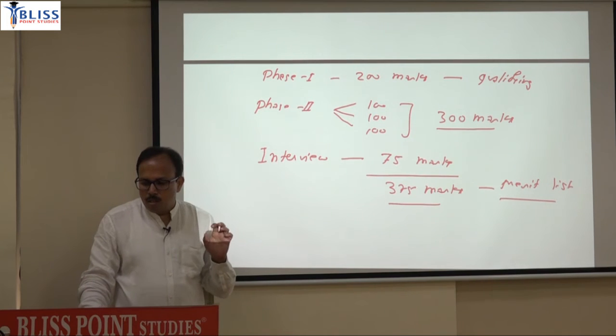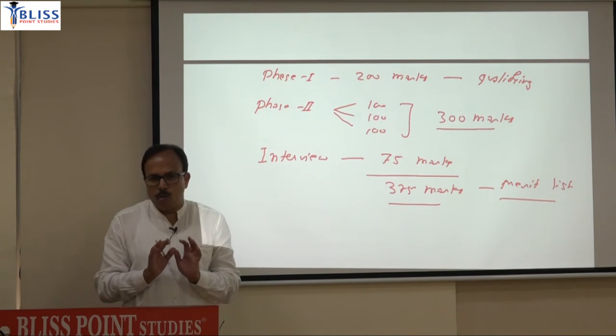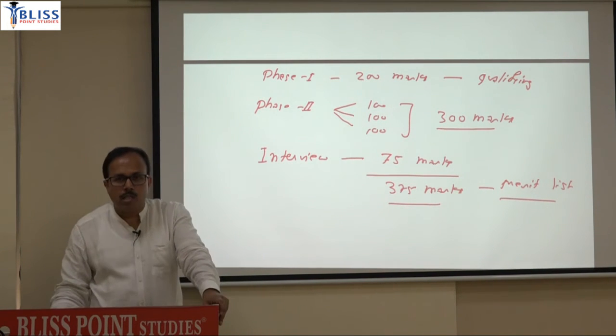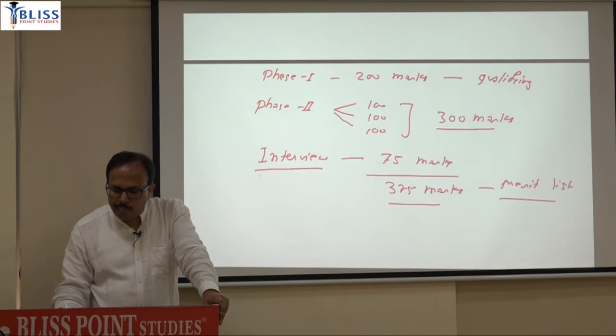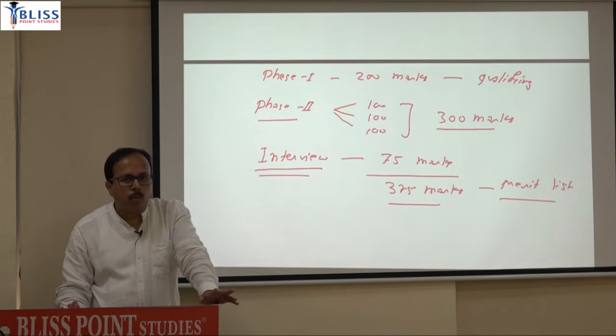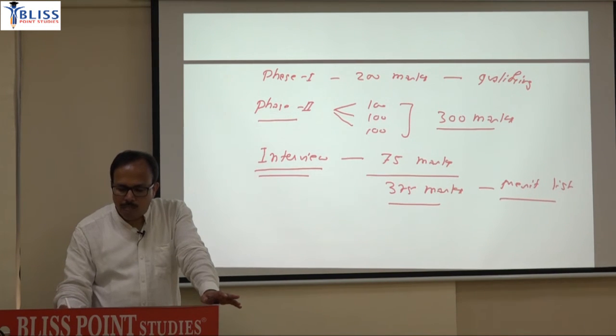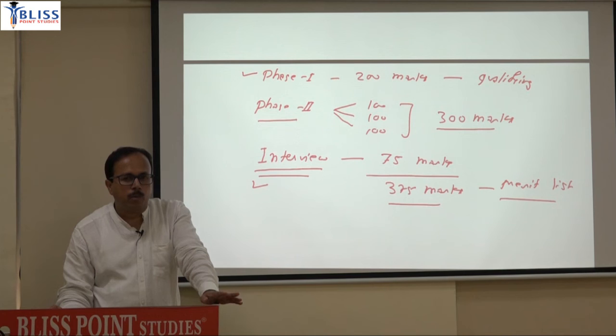Clear? So in short, phase 1 is qualifying, then phase 2 and phase 3, that is the interview stage. We will provide you assistance for interview guidance as well once you clear phase 2. So it is comprehensive in the sense that from phase 1 till your interview stage, we will be helping.